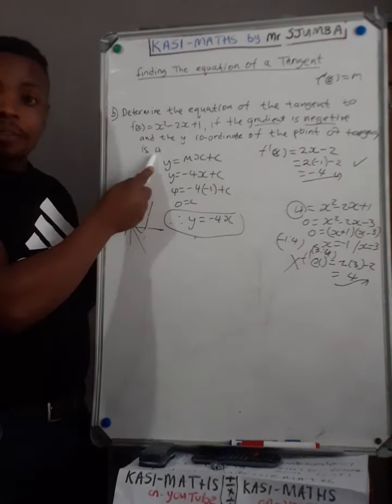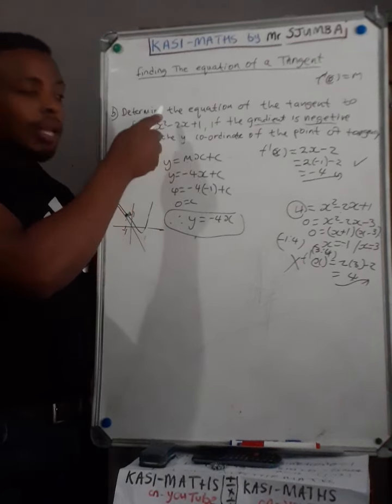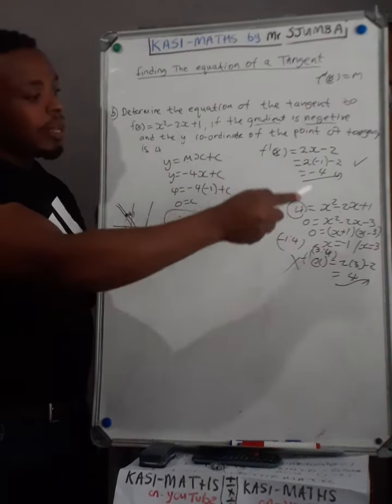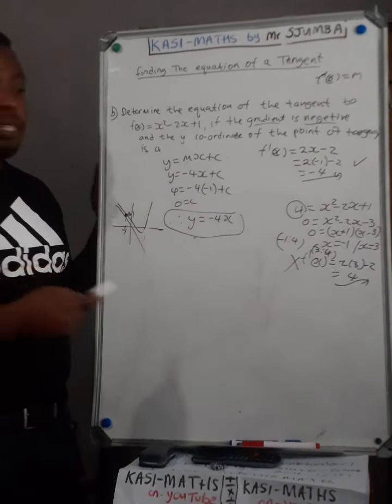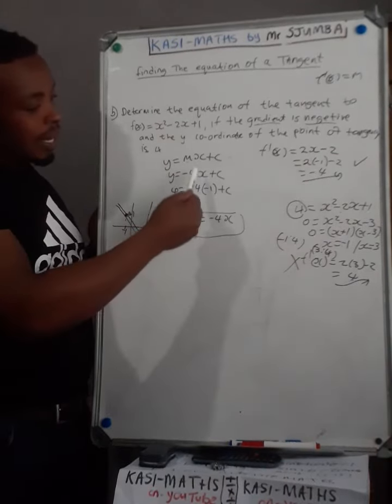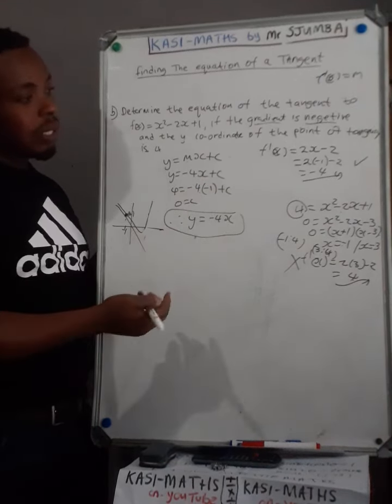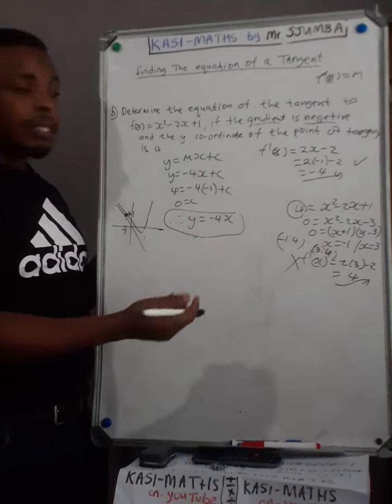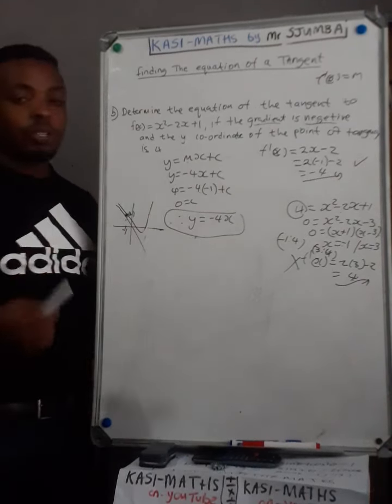Uma unikezwe y value, thatha le y value uyisubstitute ku-original ukuze uthole x value, then uthathe leyo x value uyifake ku-derivative ukuze uthole i-gradient. Then bese uyayisubstitute i-gradient lana. Then uzoshoda ngo-C, go look for i-coordinate eliku-graph bese yabuya uyalisubstitute, then uzoyithola ke la.